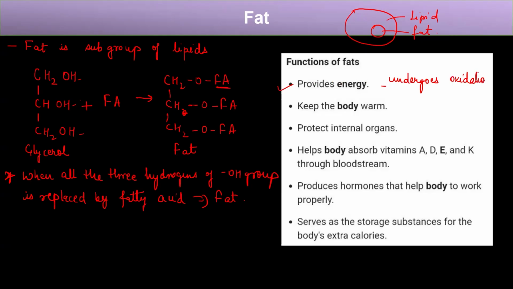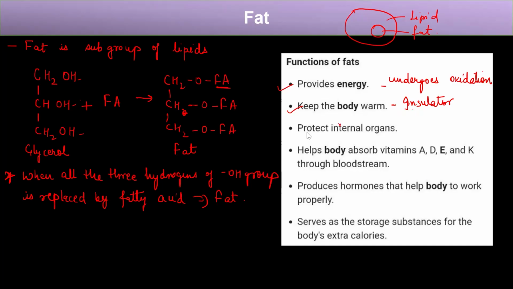Secondly, it keeps the body warm. It acts as an insulator to heat, so it does not allow the heat from inside the body to go outside.